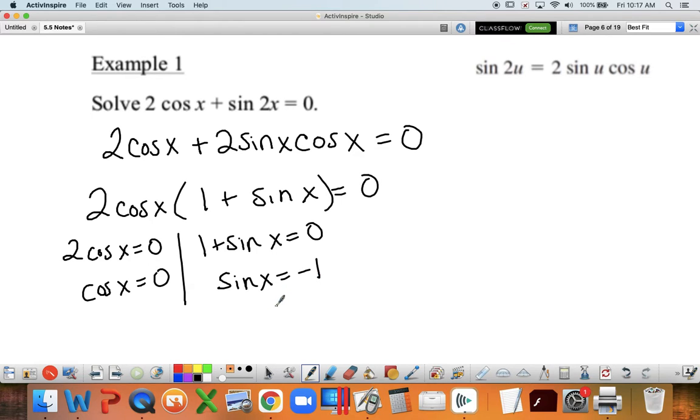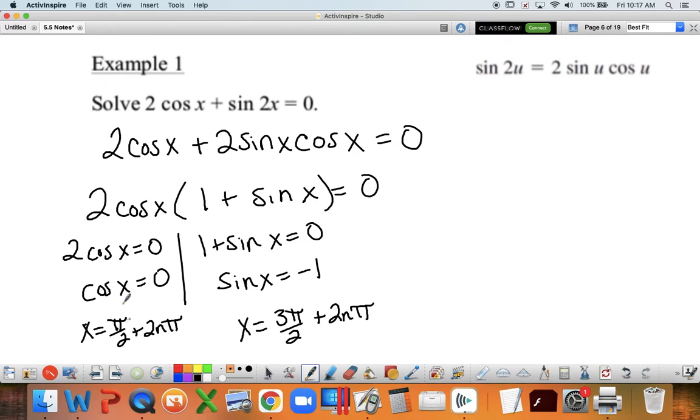The sine of x equals -1 occurs at 3 pi over 2, and I need to add 2n pi, so that's one of those solutions. And then the cosine of x equals 0 occurs at pi over 2 and 3 pi over 2. So we've got x equals pi over 2 plus 2n pi.